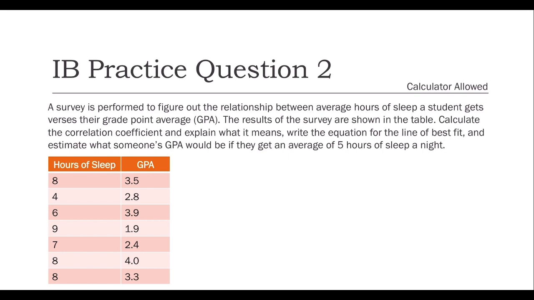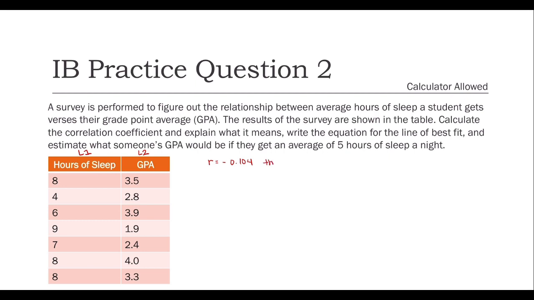So because we have the calculator, we'll start by entering our values into L1 and L2. Once we do that, we'll do second calc linear regression, and that will give us our correlation coefficient and our linear regression equation. So our correlation coefficient equals negative 0.104.